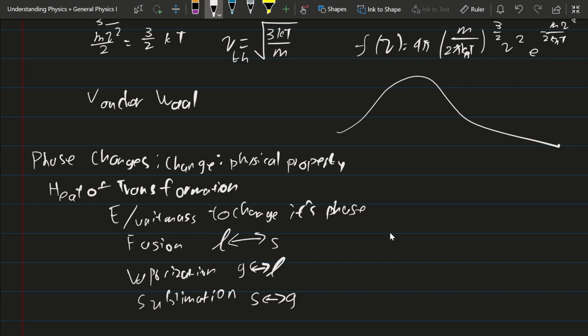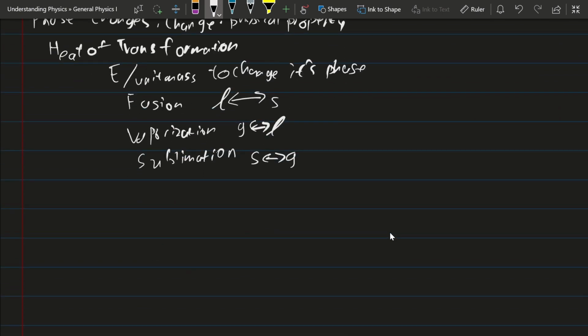The formula for determining the amount of heat needed to change the phase of a certain object is Q equals L times M, where L is the heat of transformation, in joules per kilogram. You would notice here that changing the phase of the material doesn't necessarily mean that you need to change its temperature.